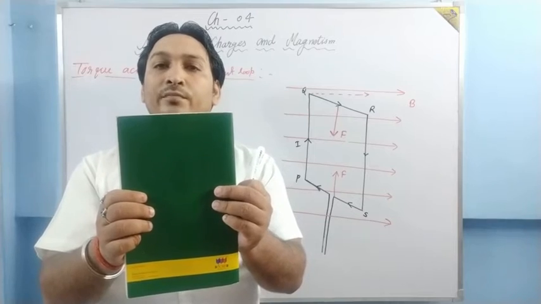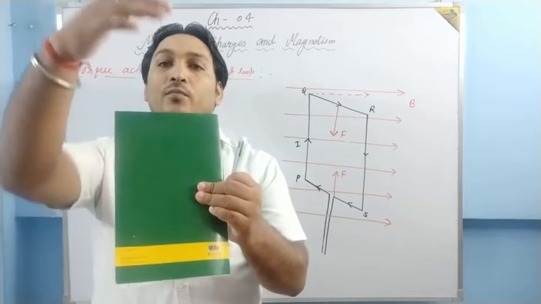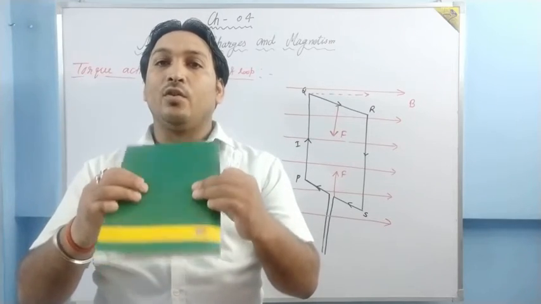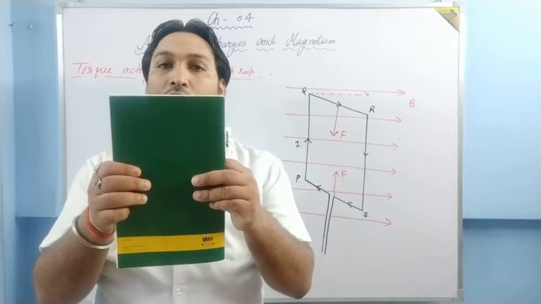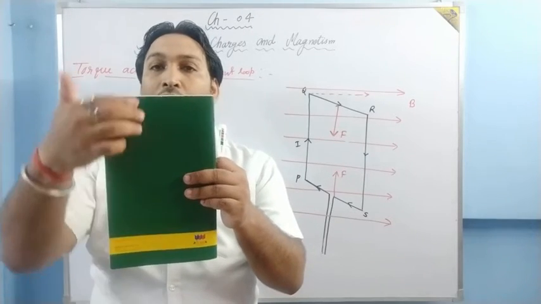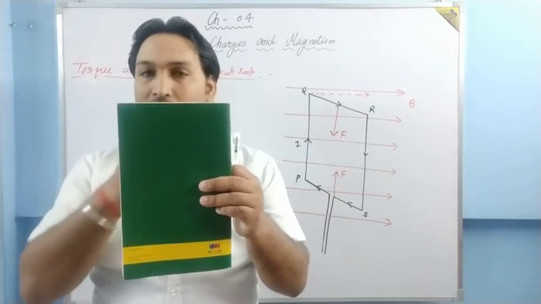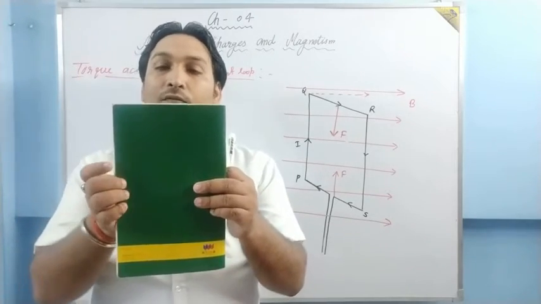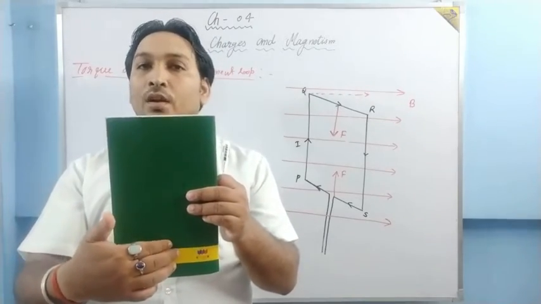It will go nowhere. If this side were upward and this side downward, then it may rotate. But if it is in a vertical plane, then this force is downward, this force is upward. These two forces are going to cancel each other, and therefore will not cause any kind of motion.